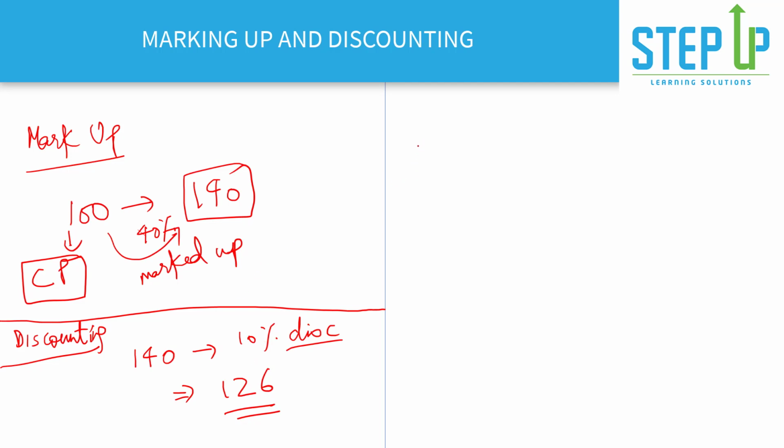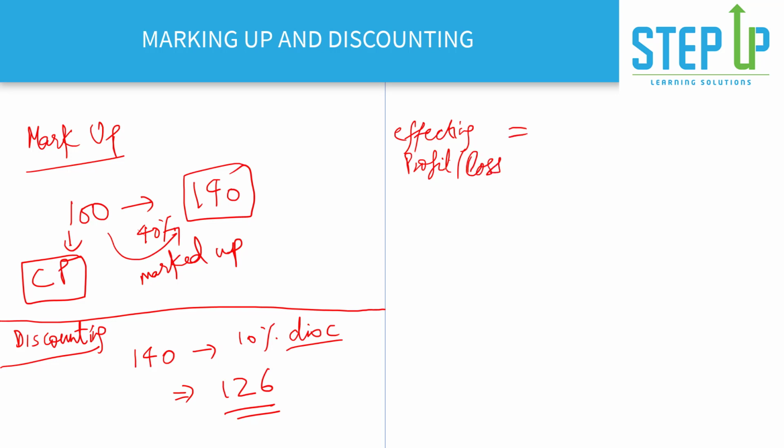Now once we understand this, how will we solve these questions? Sometimes they will say you have to calculate the effective profit or loss when these effects are implied.